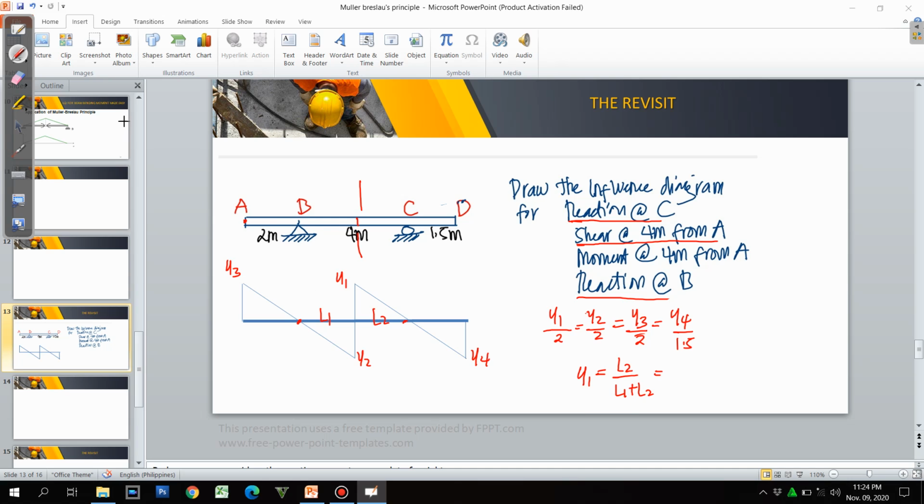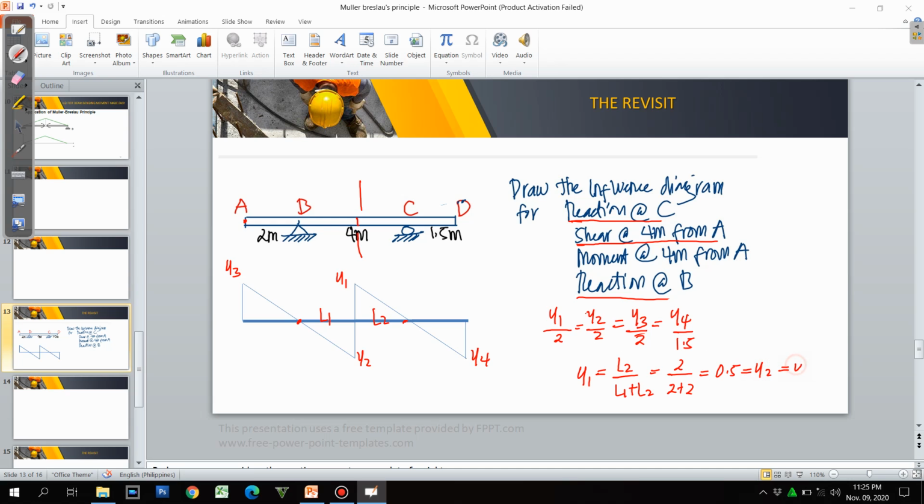Okay, so that is the principle. So if we have L2, L2 is just bisecting 4, so that is equal to 2. And this is equal to 2 plus 2. So that is actually 1 half or 0.5. So if we do this to our y2, it will yield the same value.